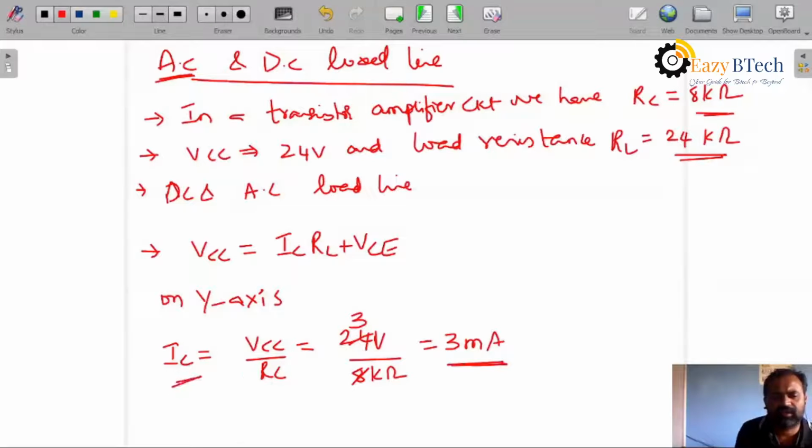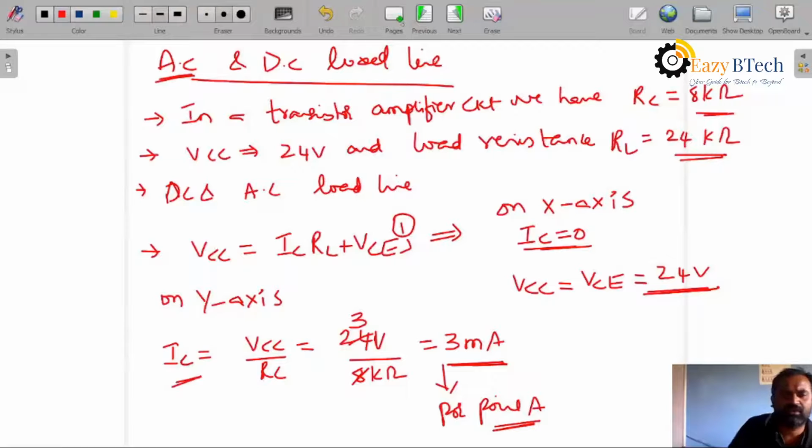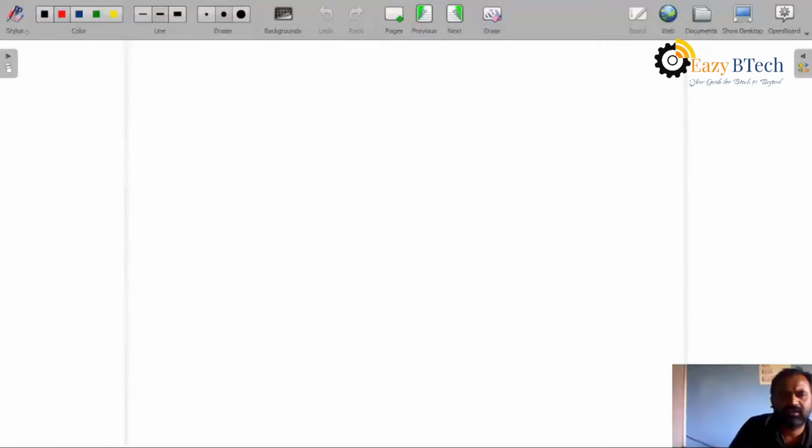The value of current IC is equal to 3 milliamperes for point A. Similarly, from this equation, to get the point on the x-axis, IC is 0. By substituting this, we get VCE is equal to VCC, which is 24 volts. Okay, this we have drawn for the DC load line.